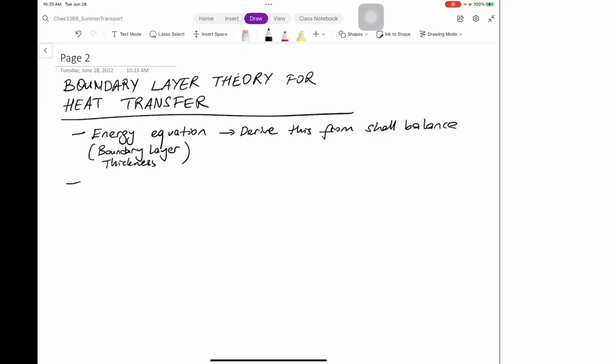And we're going to apply it to find the thermal boundary layer.